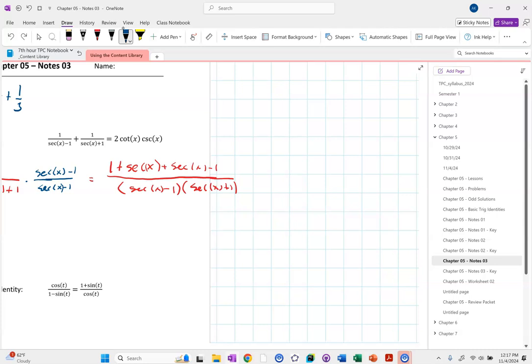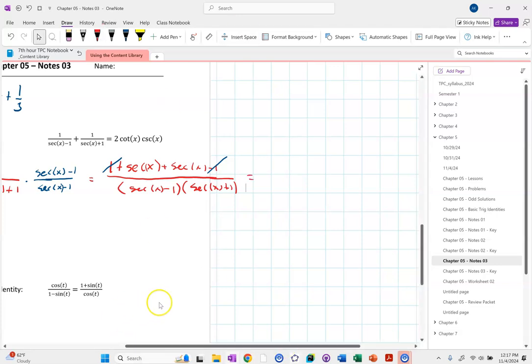What else do you got? Yeah. So what can add together? 1 and -1, right? That gets me 0. And then secant plus secant. Those are like terms. What do I get when I add those together? Nope. What if you add x plus x?